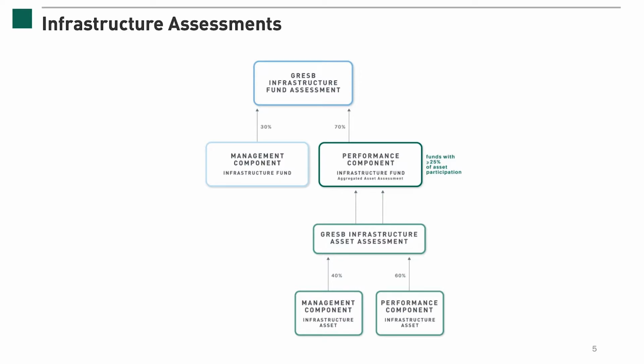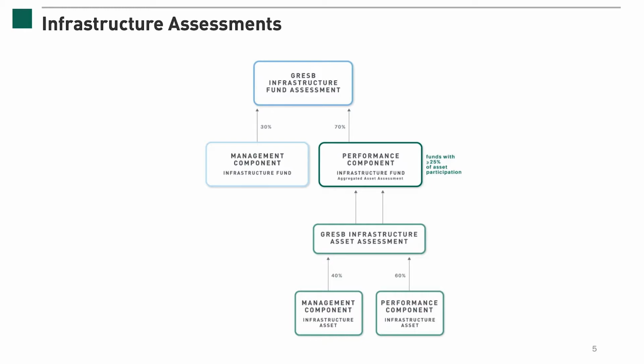Both the fund and asset assessments consist of management and performance components, but it is important to note that a fund does not complete a performance component itself. Instead, the underlying assets of the fund comprise this.